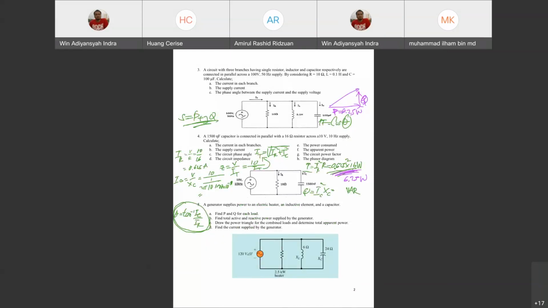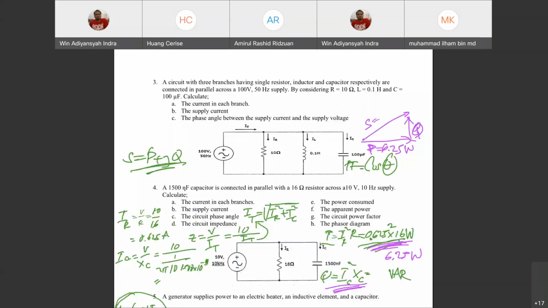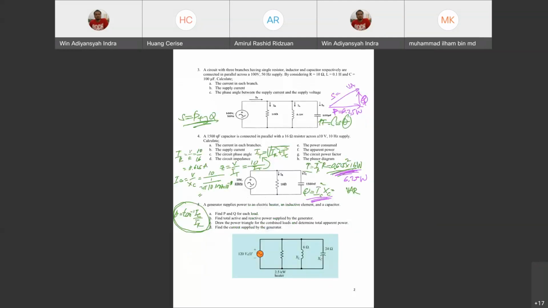You have measured it now in F. And the diagonal one is S, the apparent power. The unit is volt-ampere. You get the S value from here.